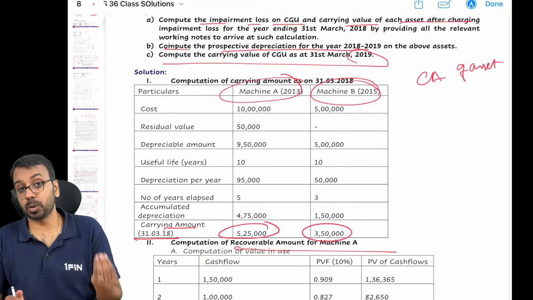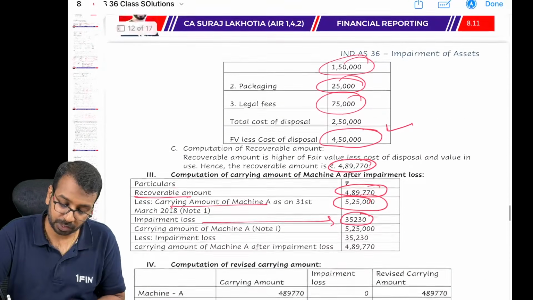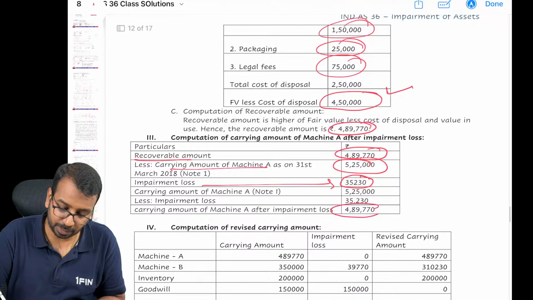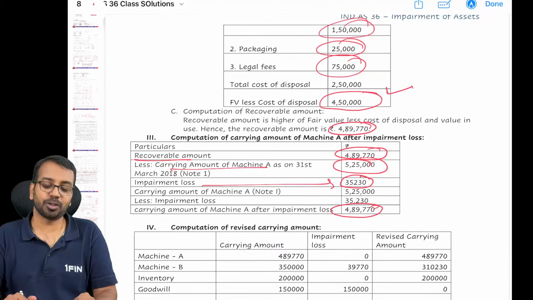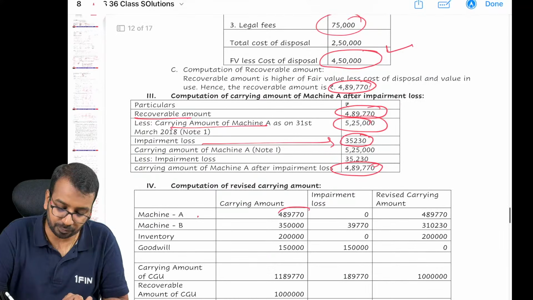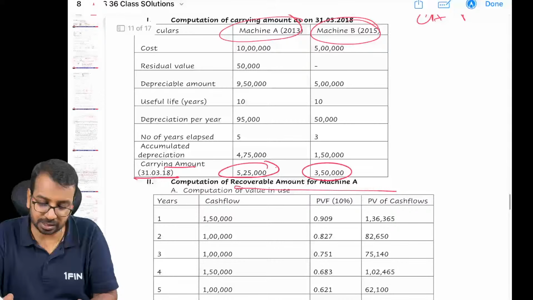So, when you start from the lowest level possible, first you take machine A, done the impairment. Okay, we got the impairment, and after that carrying amount is 489. Using this value unit. So, machine A 489,770, machine B 350. Where did we get this 350 from? Actual carrying amount.